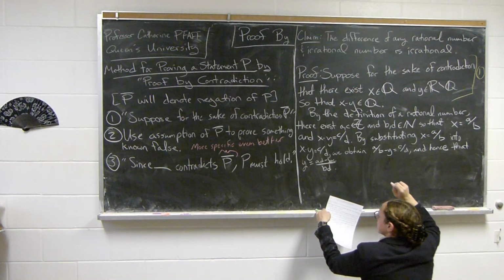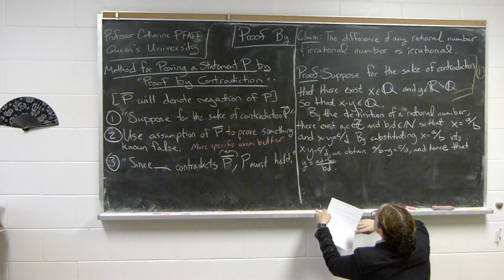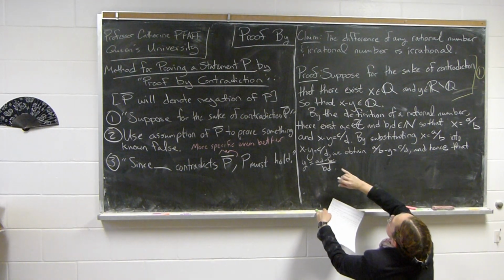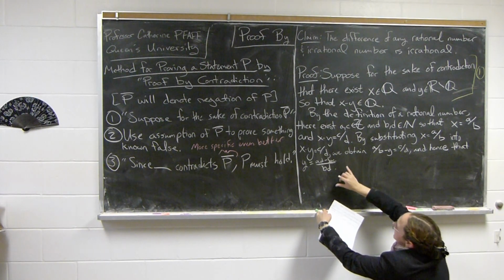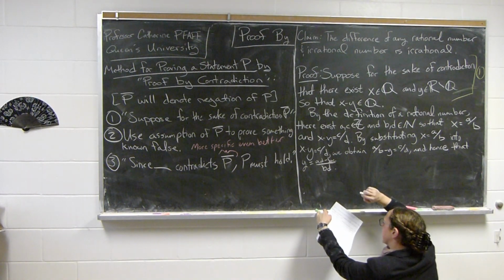Okay, so now I have to actually reach a contradiction. Well, you can imagine the contradiction. y is supposed to be an irrational number, so I just need to show that y is rational.